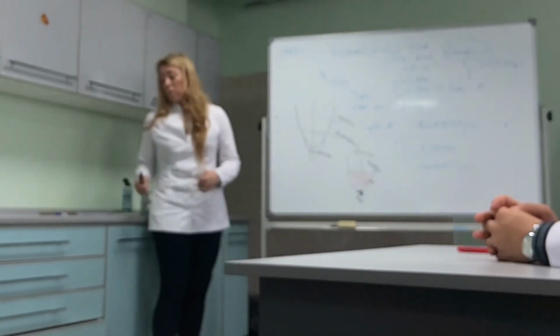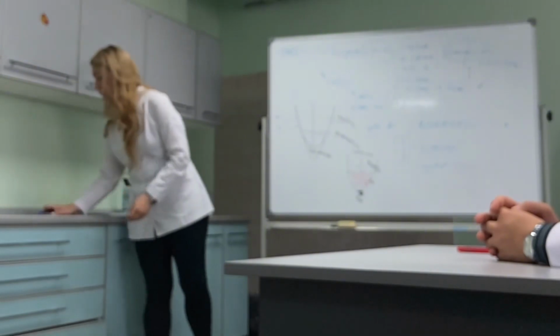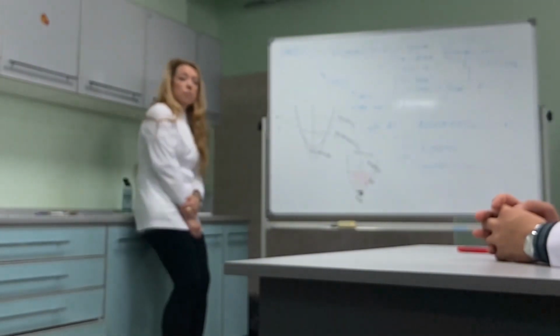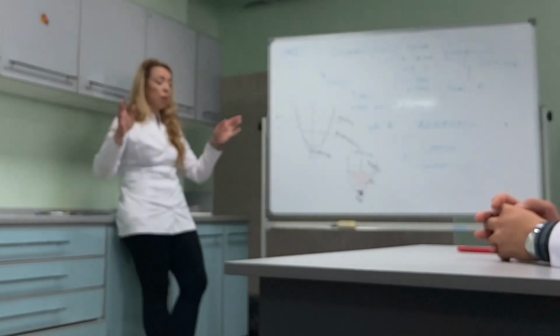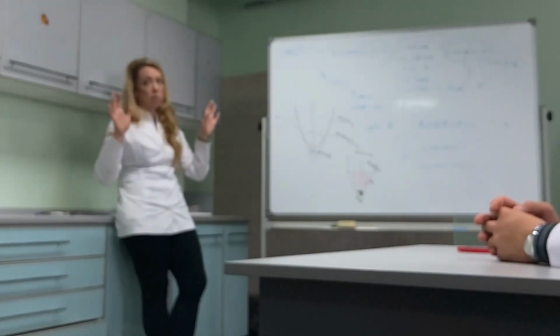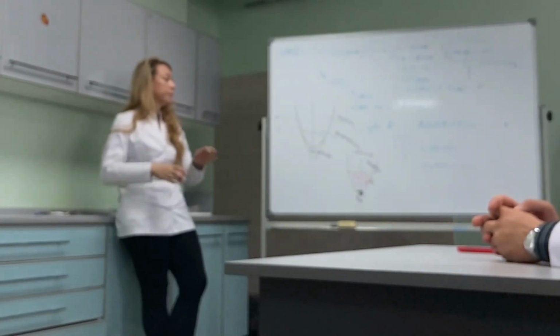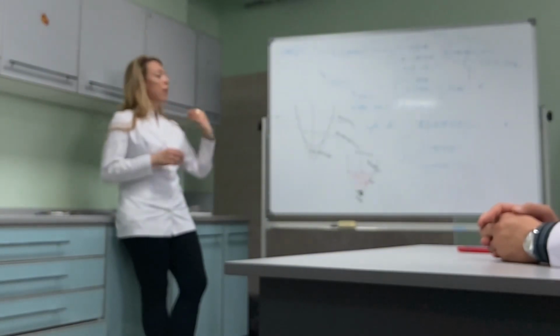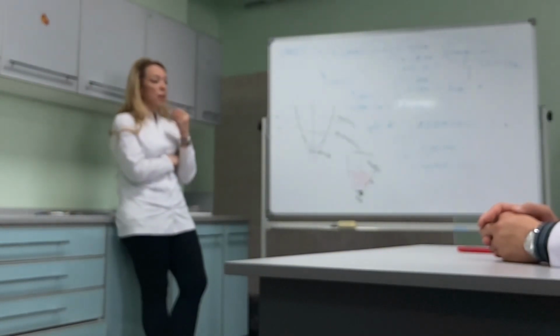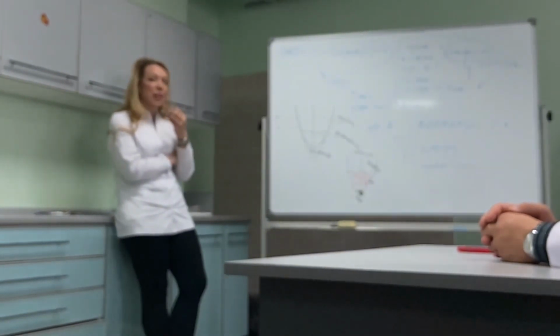Why is it very important to make the final diagnosis? Because we know 100% that we use surgical treatment. We need to use the flap design. But if we know the final diagnosis, we understand what the tactic of the surgical procedure will be.